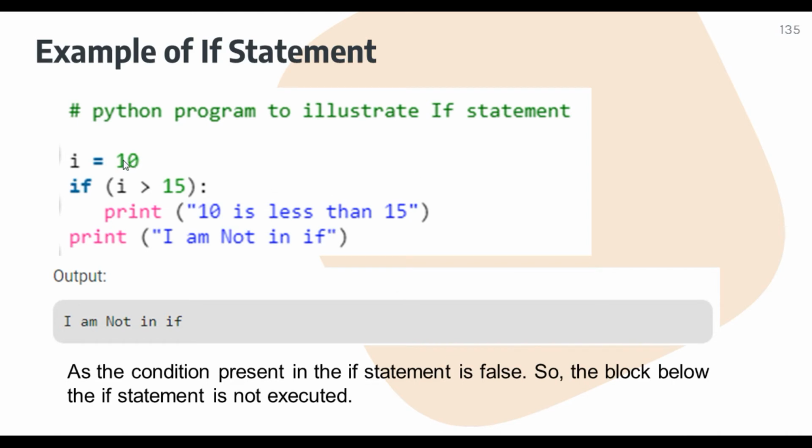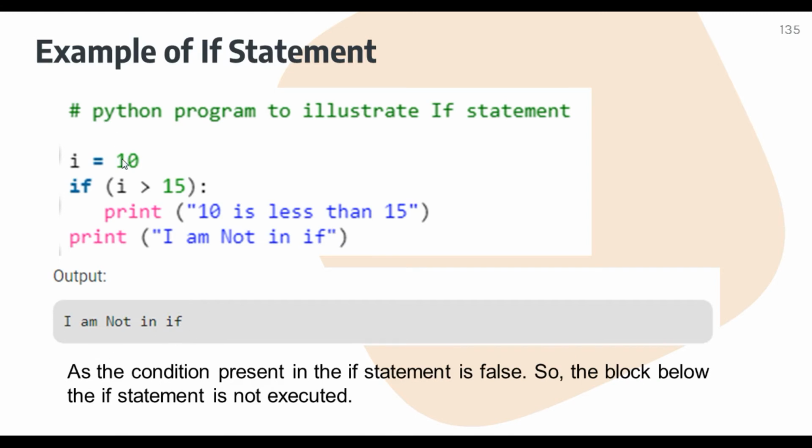Here a Python program we have created. Here I equals 10, and we are going to check if, within round bracket, I bigger than 15. Close the round bracket and then put a colon. You can see a slight gap, and then print 10 is less than 15, and print I am not in if.